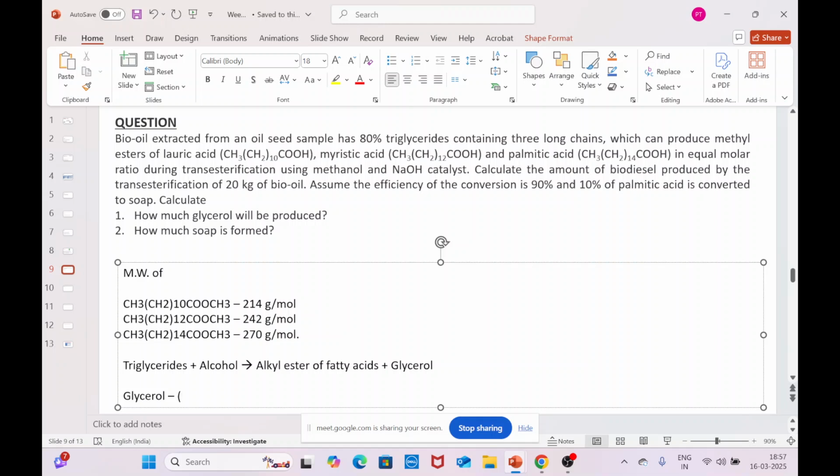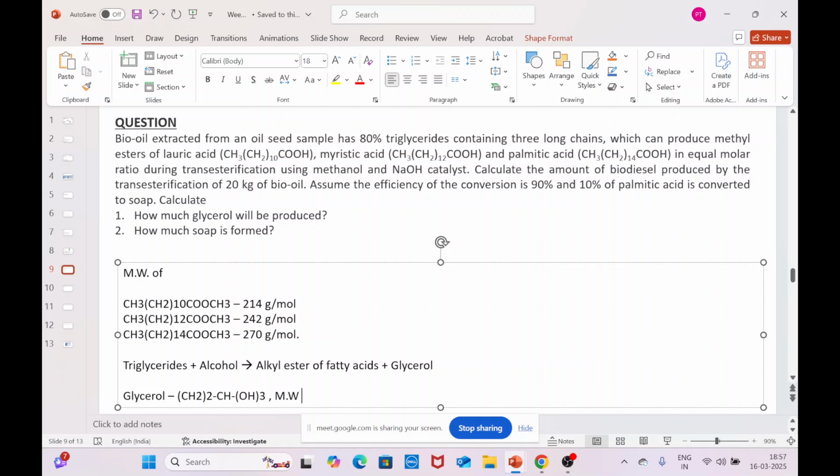OH thrice. So the molecular weight is how much? 92.